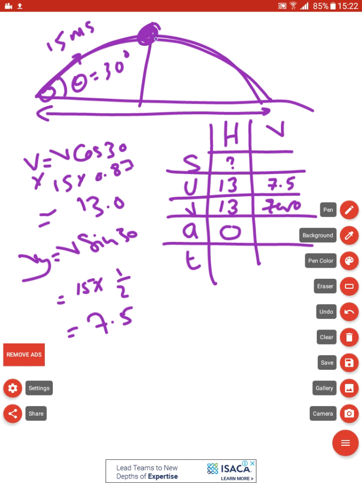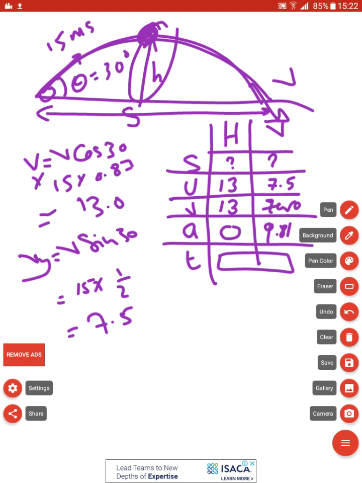The vertical height is unknown also. Acceleration vertically is 9.81. The time is the same and unknown. So you may be asked to find this height, or this distance, or the speed here. Many things, okay? Let's start to calculate this height.